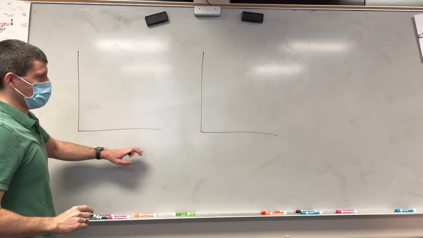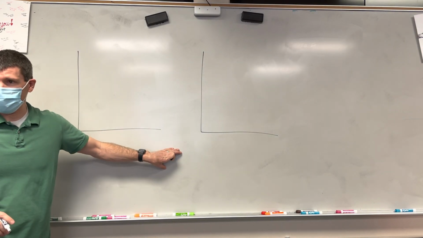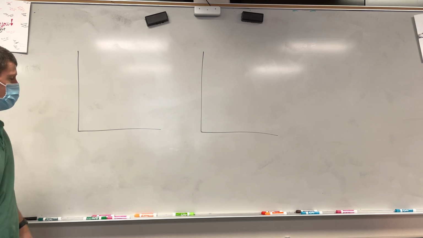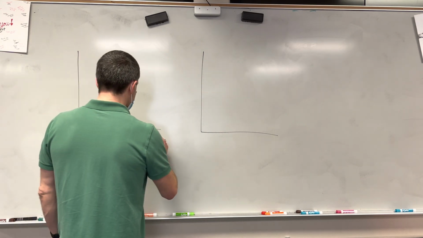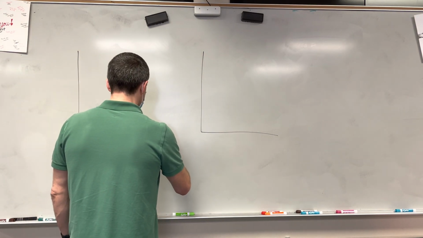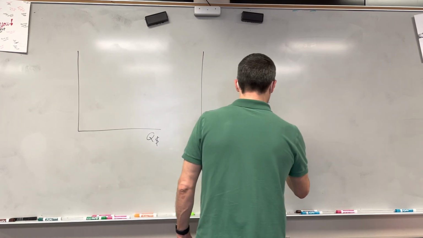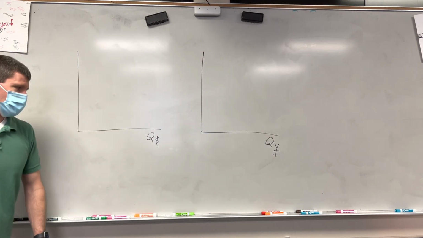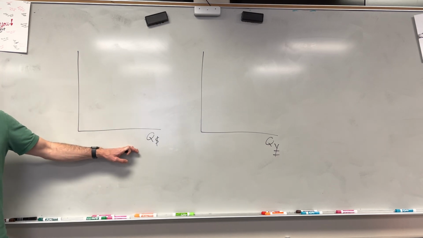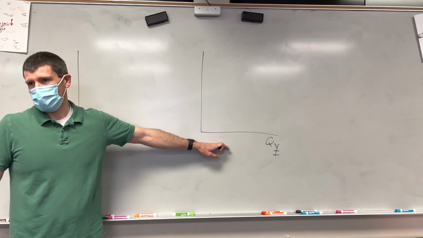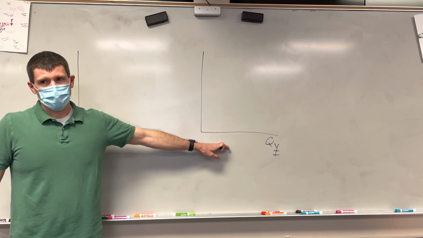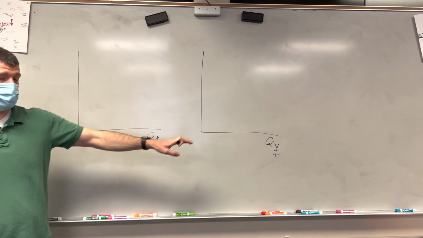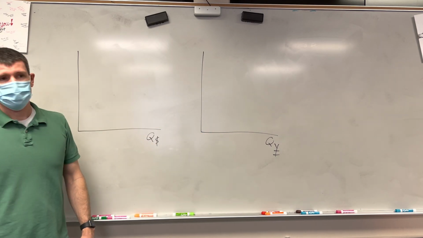Each one of these is going to be a market for a different currency, and we're going to have two currencies. So let's talk about yen and dollars. This is the market for dollars on the foreign exchange market, and this is the market for yen on the foreign exchange market. Quantity of dollars, quantity of yen.